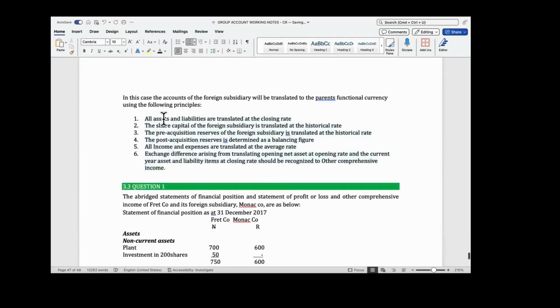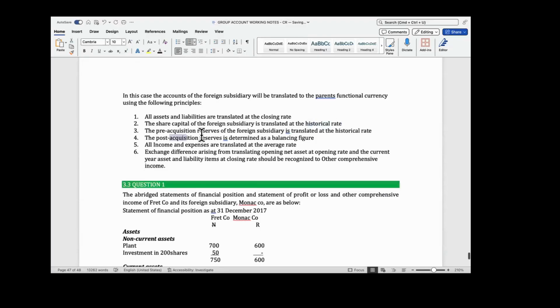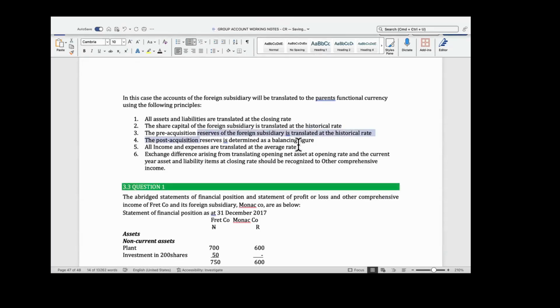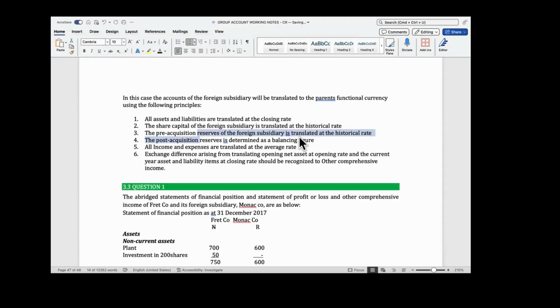Where all assets and liabilities of the foreign subsidiary, you translate at closing rates. Share capital translated at historical rates. Pre-acquisition reserve translated at historical rates.